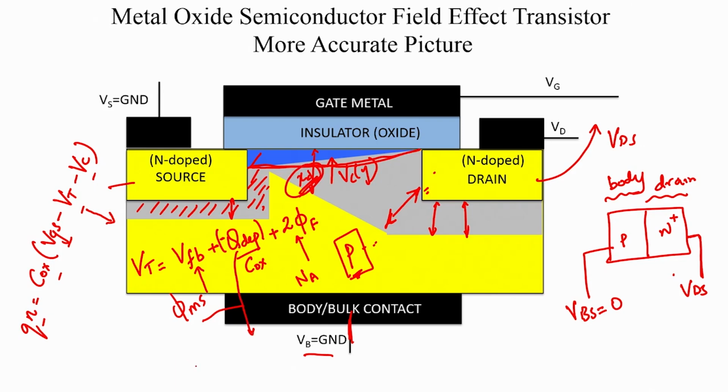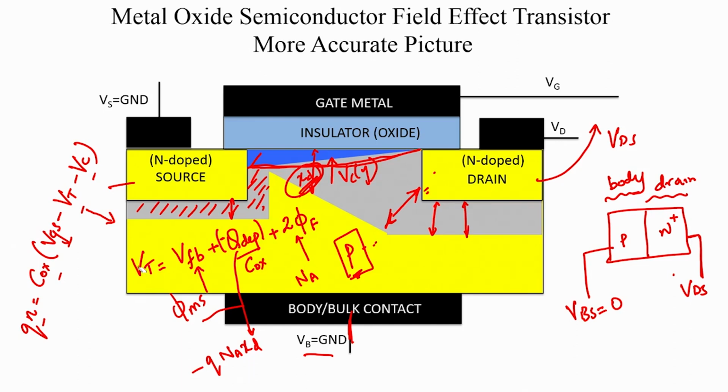And what is Q depletion? It is the depletion charge per unit area, and that is going to be minus Q Na into XD. So, in all our assumptions so far, we have ignored this fact, and this is something that we will address in these lectures. Now, that is one fine tuning to the model.